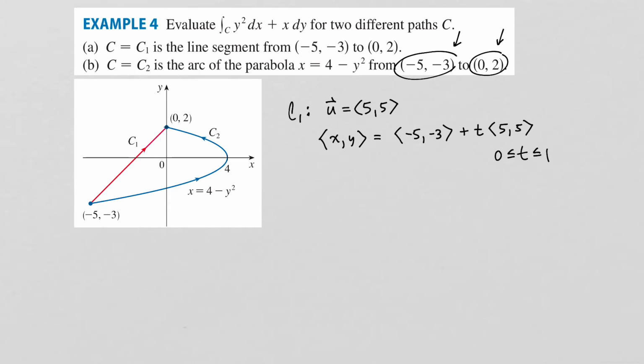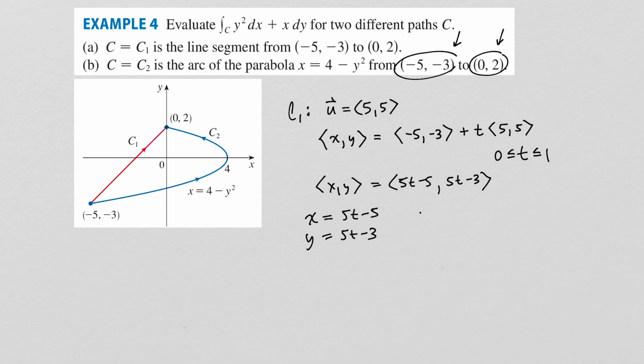So if we simplify, adding these together, I have -5 plus 5t, so 5t minus 5, and -3 plus 5t is 5t minus 3. So my parametric equations are x equals 5t minus 5, y equals 5t minus 3. Now we compute dx/dt, that's 5, and dy/dt, that's also 5.